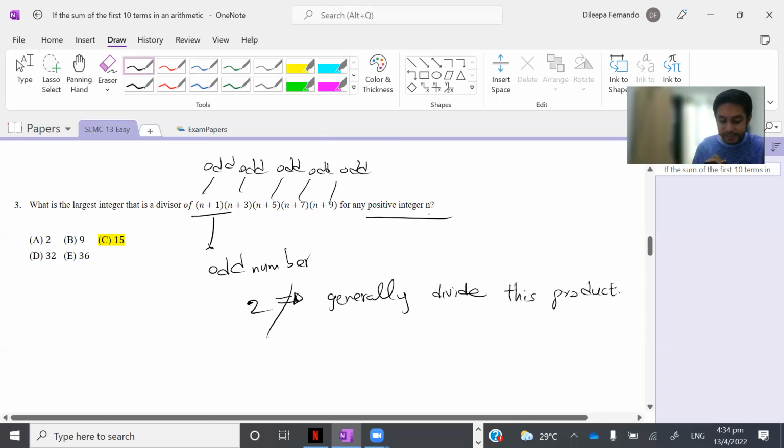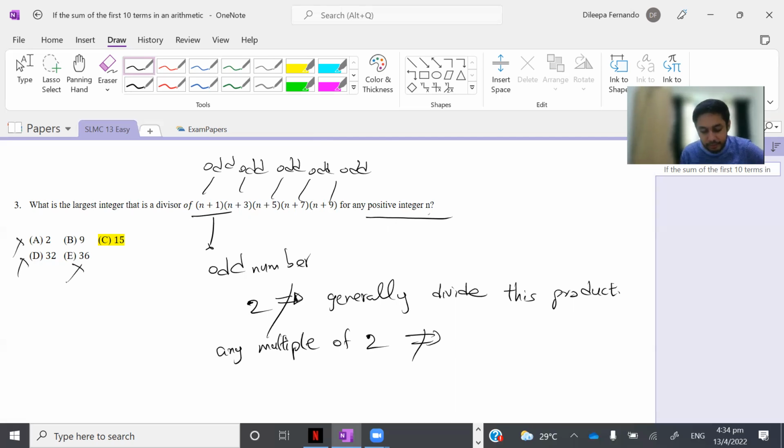If 2 does not generally divide this product, any multiple of 2 does not divide this. That means 2 does not divide, 32 does not divide, 36 does not divide. Now we just have to see whether 15 is the answer.